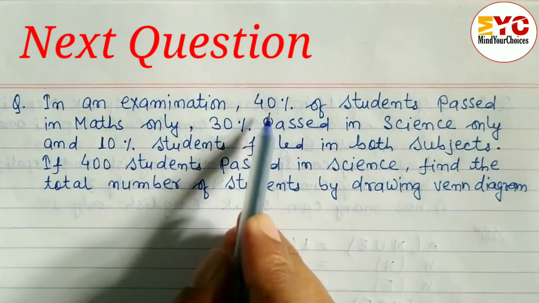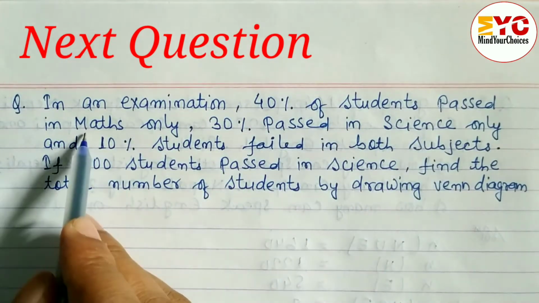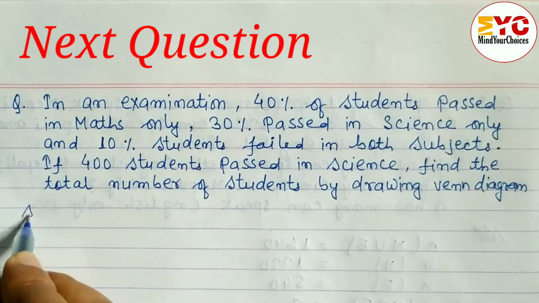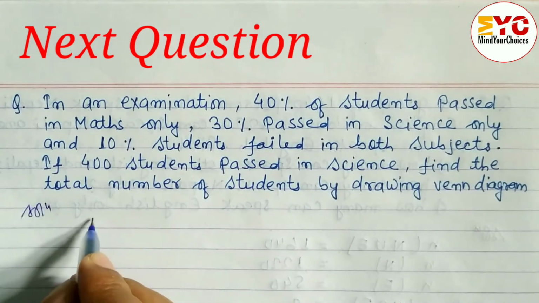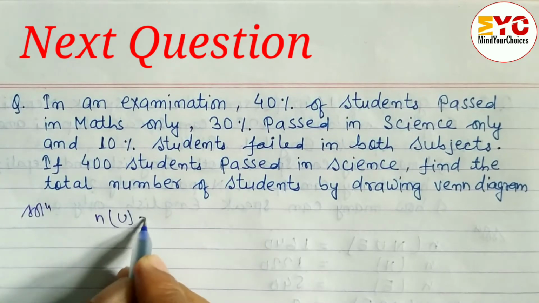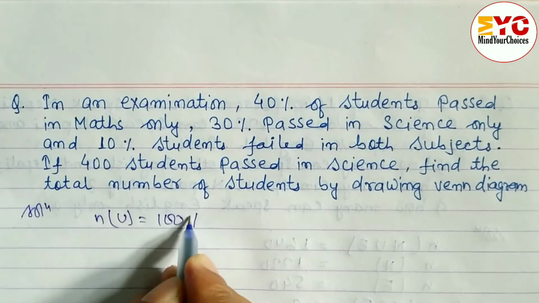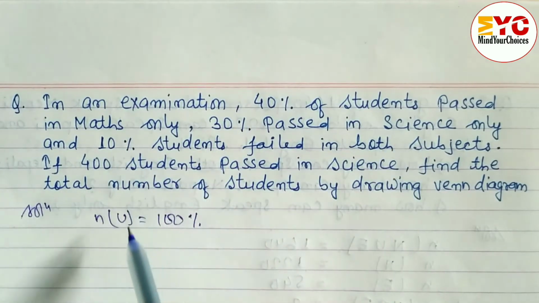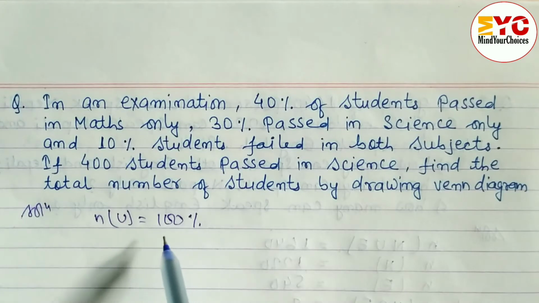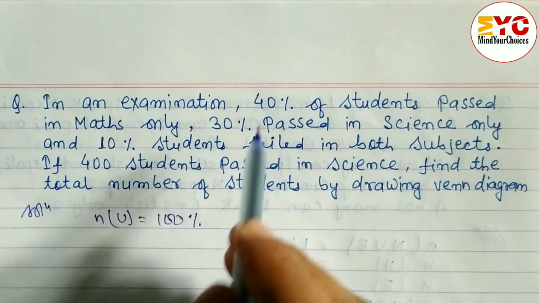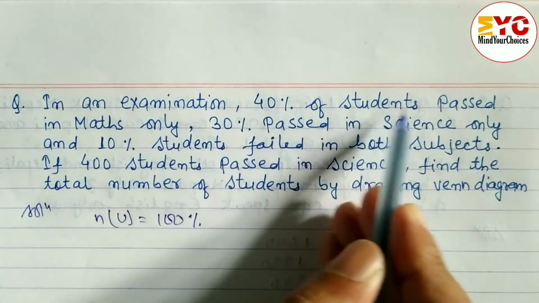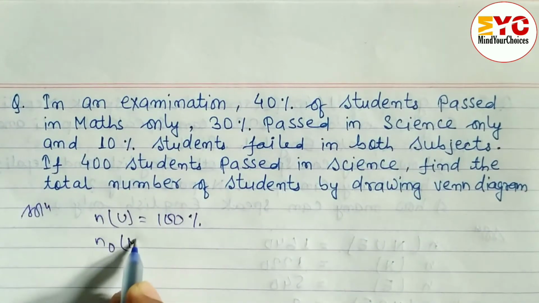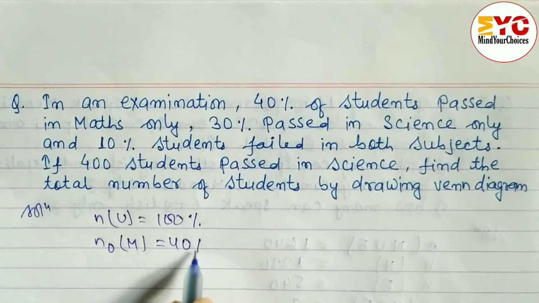In an examination, 40% of the students passed in math only, 30% passed in science only. So let's make a start. If the question is in the form of percentage, then always we let n(U) equal 100%. n(U) means total. 40% of people passed in math only, so we write n(only M) is equal to 40%.